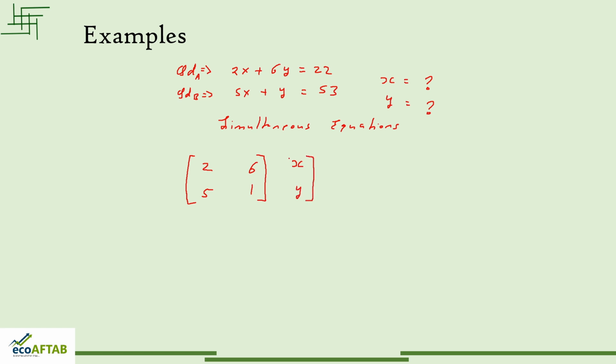This also I will write as a vector matrix, equal to 22 and 53. So here, friends, these 2, 6, 5, 1 become our coefficient matrix.